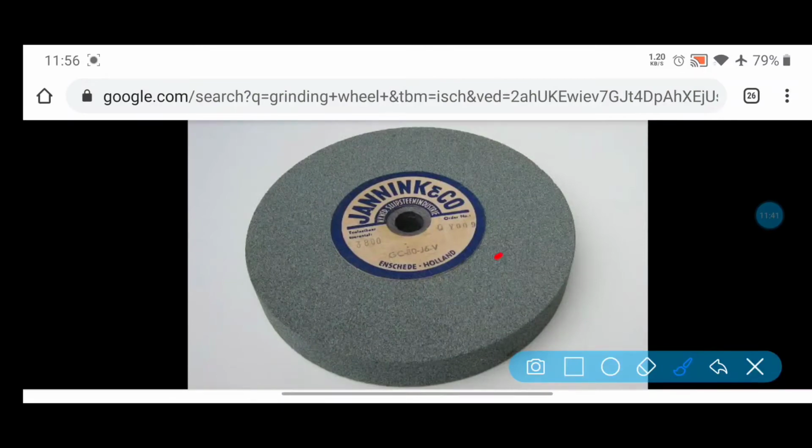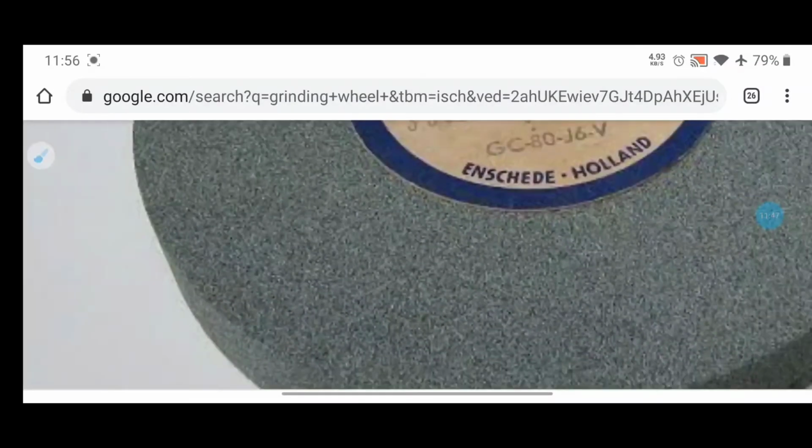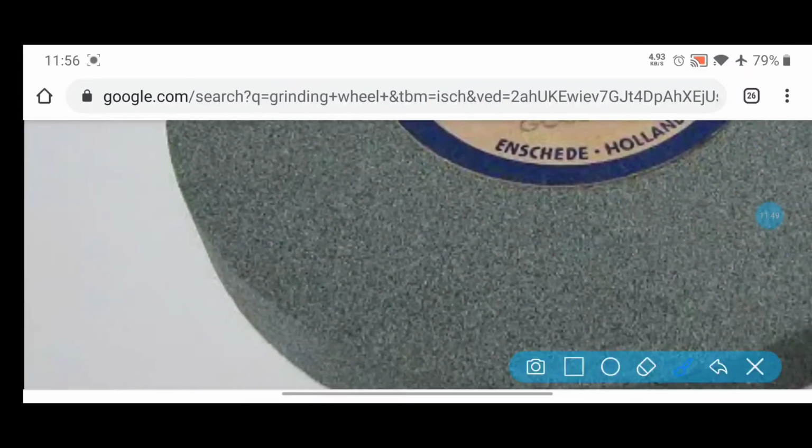If you see here, this is a grinding wheel, right? If I zoom in closer, you could see the small pores there. In those pores, the material that we are grinding will come and fill this area.